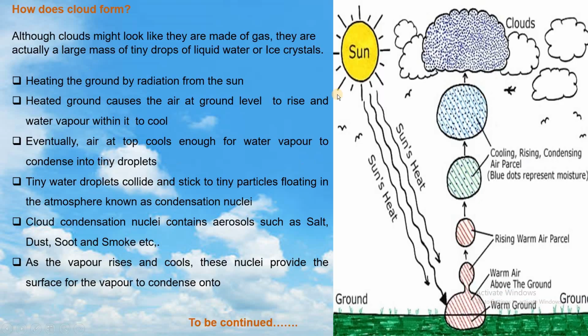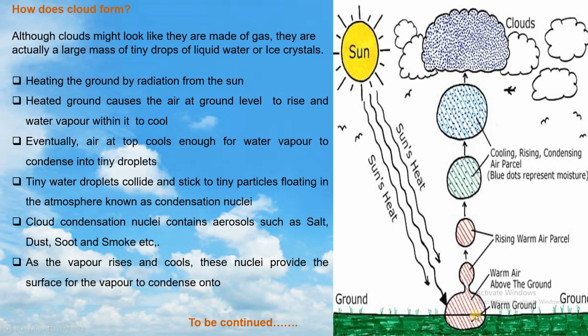Coming to the second one, this is the formation of cloud, like how does a cloud form. Here I defined the cloud formation in a step by step process. In the first step, there is heating of the ground by insolation, that is, the incoming solar radiation from the sun falls on the ground, and as this process continues, over time the ground becomes hot.